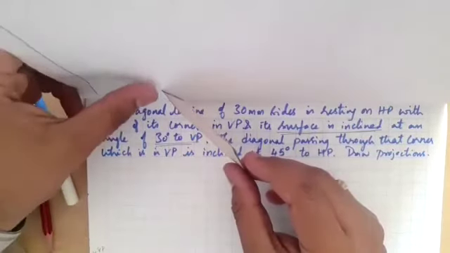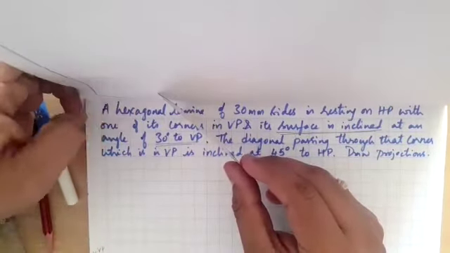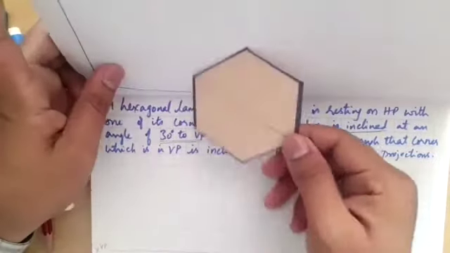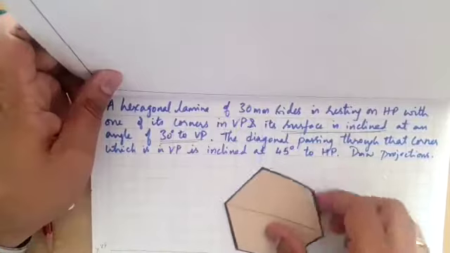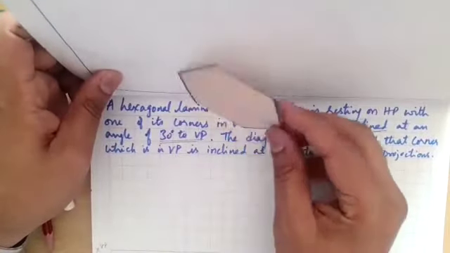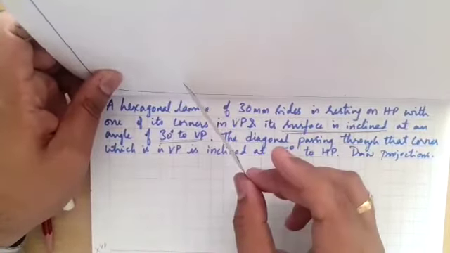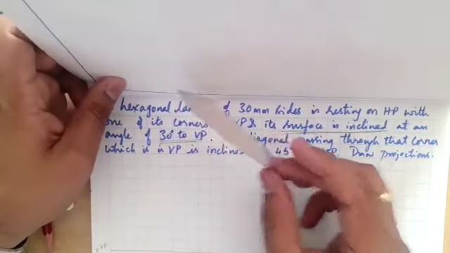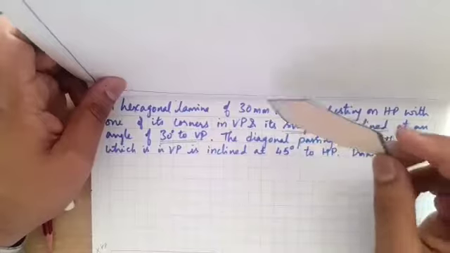And this corner is in VP. The diagonal passing through this corner which is in VP is already inclined here, with this corner condition, and then it is inclined to HP at 45 degree.